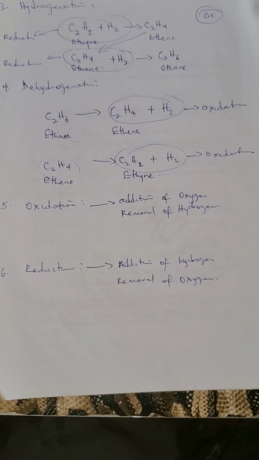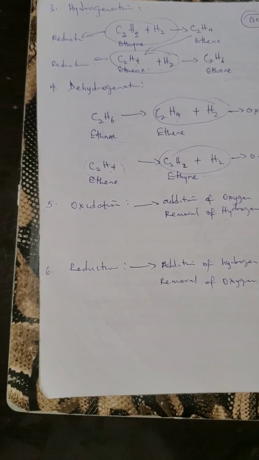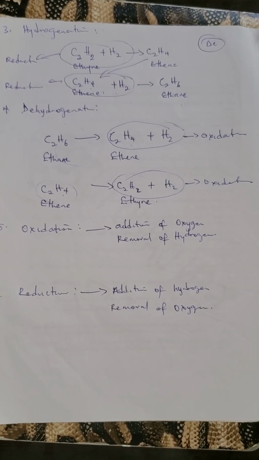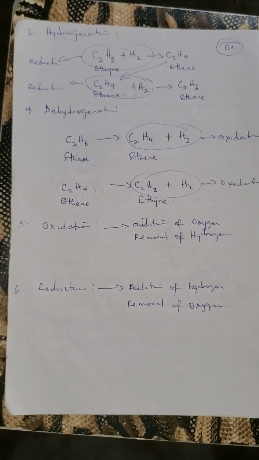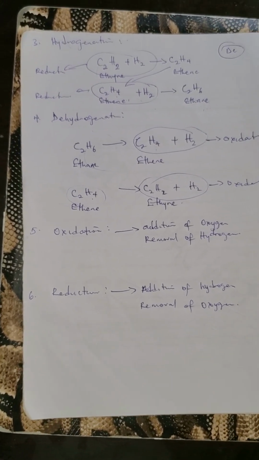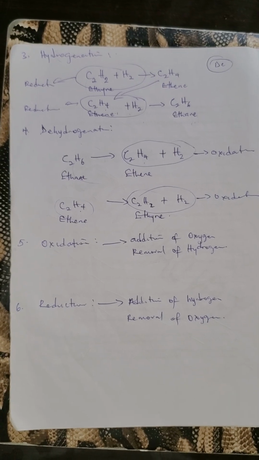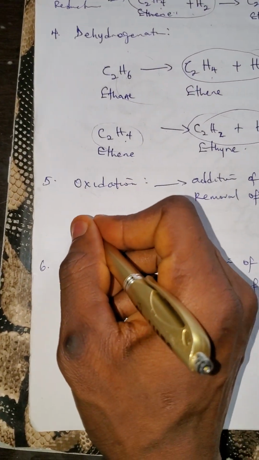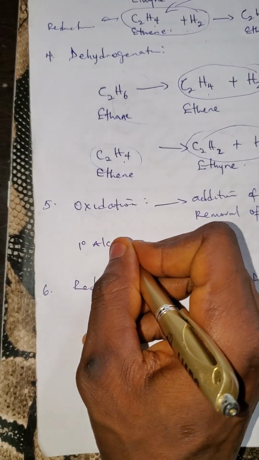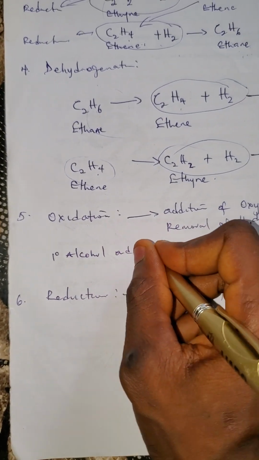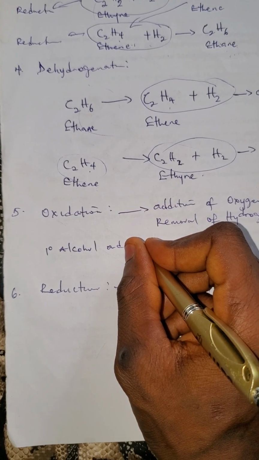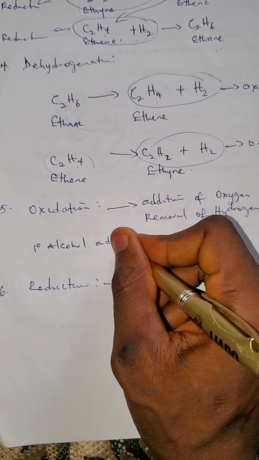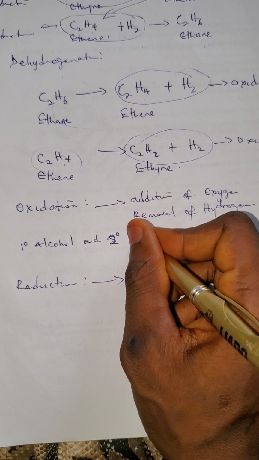Now, for oxidation, I'm going to give you this as an assignment, but I'm going to state it like word. Now, reason with me. Primary alcohol and tertiary and secondary alcohol, we use this.